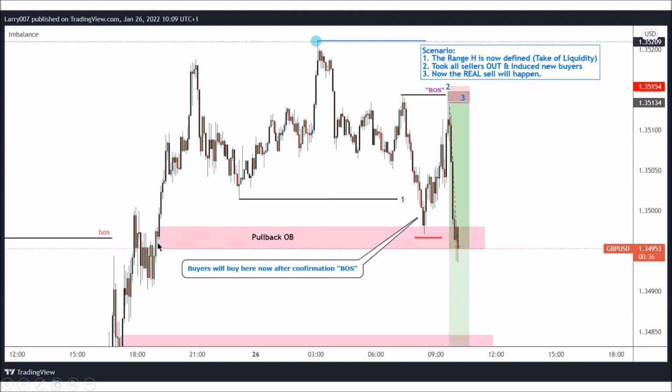It's very clean. And we have a breakout structure. So people will want to buy there or there and place their stop loss either here or here. Okay. So yeah, for buyers, it is now a confirmation. And for me, it is a confirmation of the reverse.